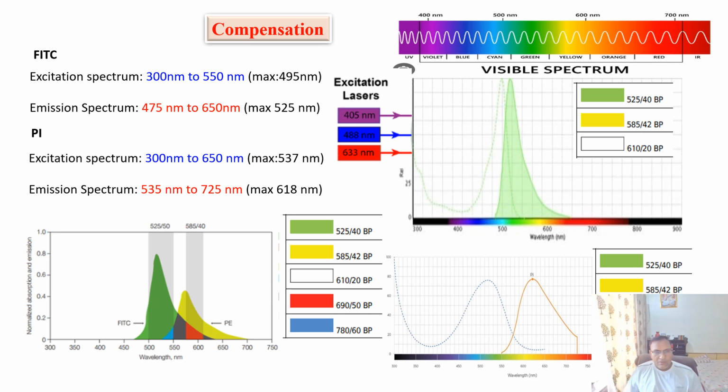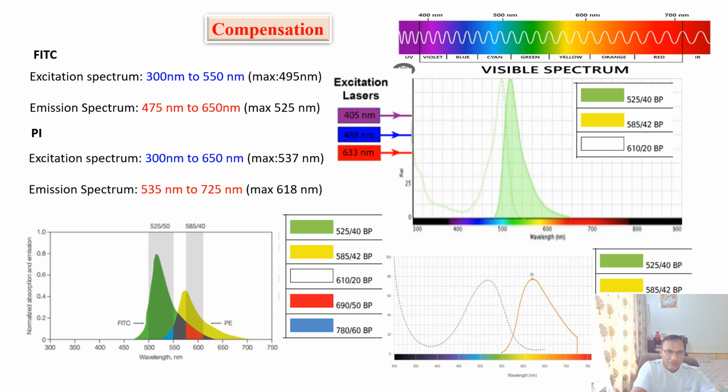Similarly, when you see the emission spectrum of PI, it also falls in this blue light filter. So again, PI positive cells will be detected as FITC positive cells, and again you will get false positive results. So we have to separate this.